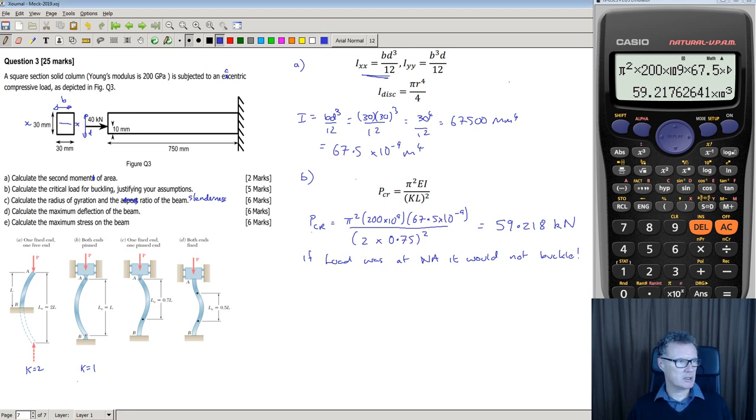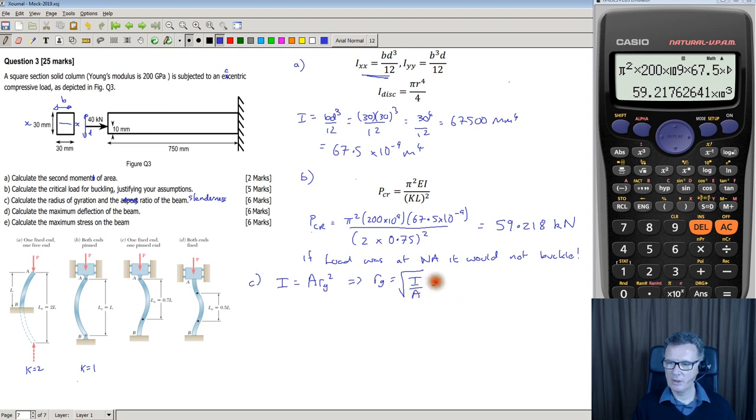Right, what next? Part C, the radius of gyration. Looking at your formula sheet, I cannot see a formula for radius of gyration. I don't think there's one there, but it's easy enough to remember. Second moment of area equals the area times radius of gyration squared. Therefore, radius of gyration equals the square root of second moment of area divided by area.